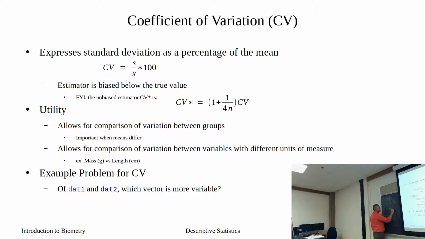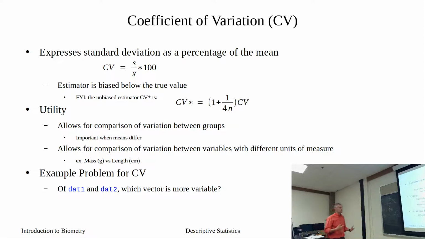And then those units cross out. That gives us one single value that is now comparable no matter what our measurement level is, what our magnitudes are, and so forth. So the coefficient of variation is simply our standard deviation divided by our mean. We typically multiply it by 100% to get a percentage, but we don't really have to.